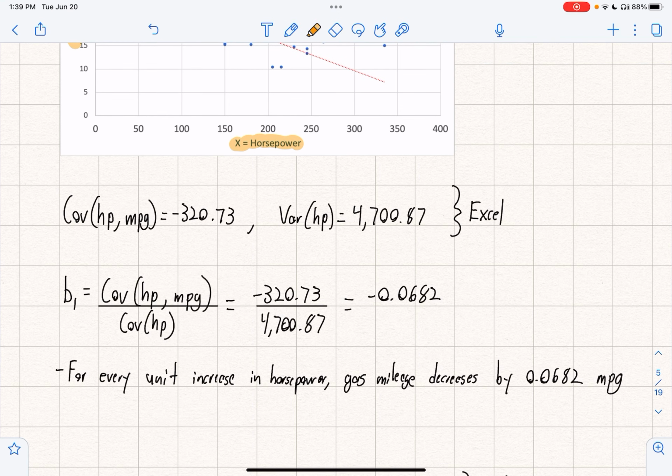So notice how I'm saying it, because we have a negative value. That means whenever we have an increase in horsepower, gas mileage decreases.